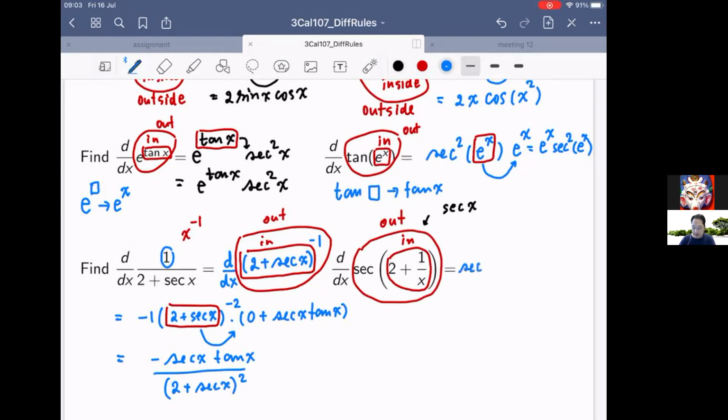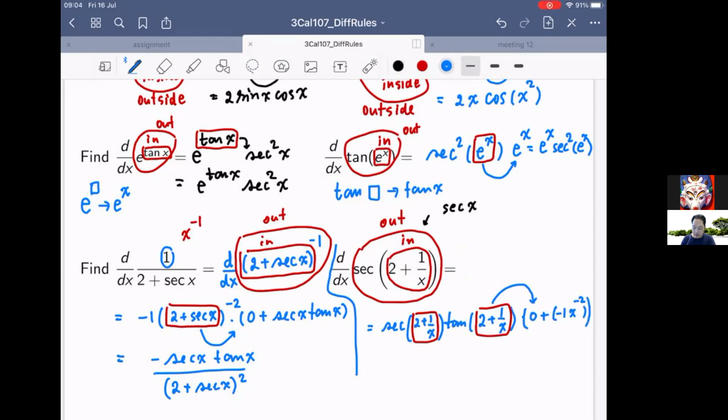It will be secant of the one inside and then tangent of the one inside, equals this, and then multiply by the derivative of the inside function, which is the derivative of 0 and the derivative of x raised to the power 1, 1 over x. So we have negative 1, x raised to the power negative 2.